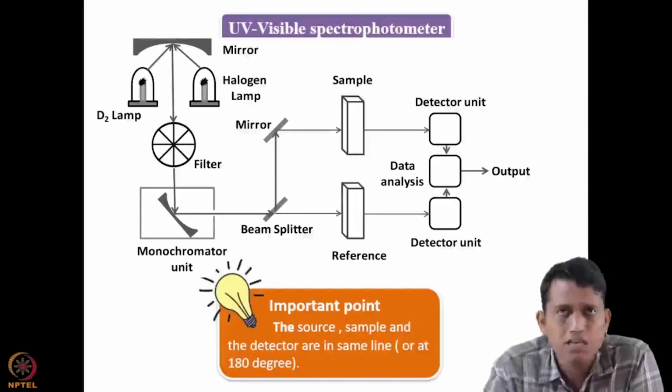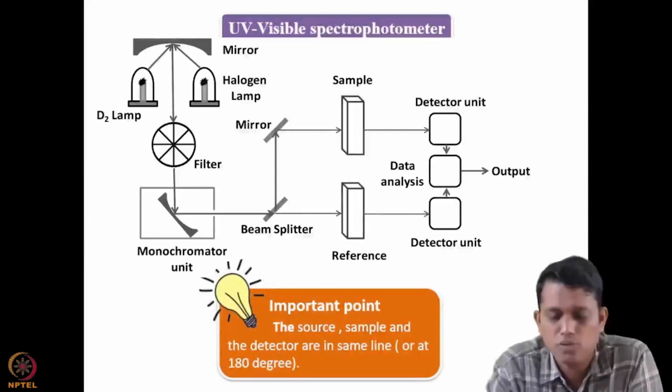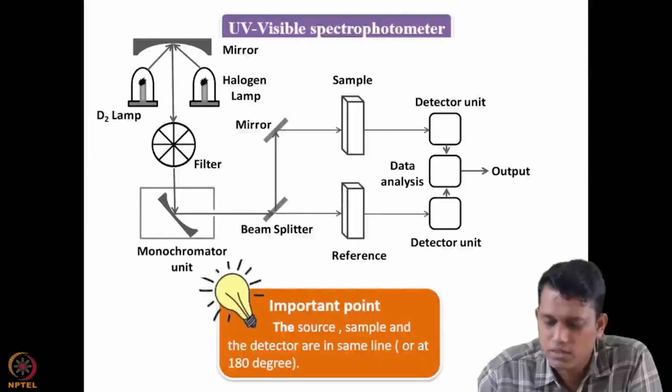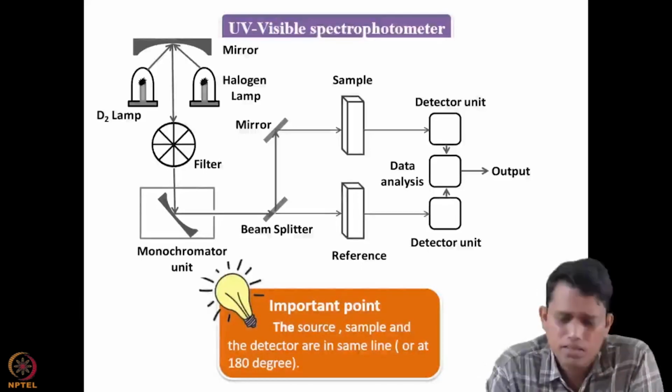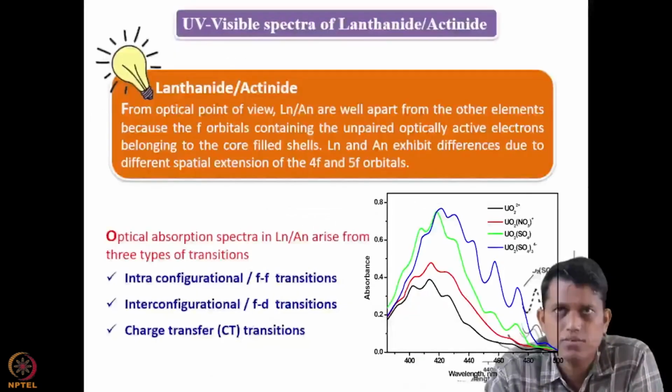Since you know the Beer-Lambert law and you get A from the absorbance, you get a peak like this. Since you know the concentration, you can always calculate epsilon, the molar absorptivity. Everybody knows this, so I will not spend much time on it.